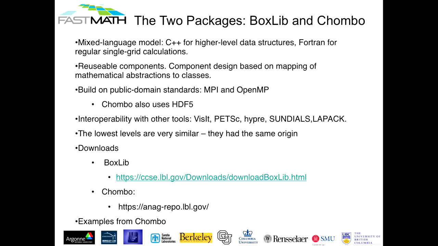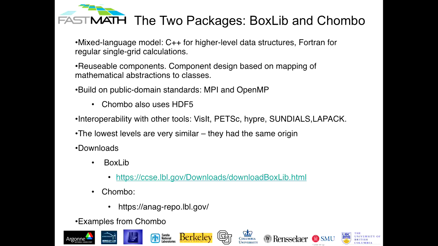In Chombo, we use HDF5 for our parallel I/O, so you'll need an HDF5 installed on your machine if you want to download and run Chombo. BoxLib has their own native POSIX parallel I/O that they've hand-rolled. So in a sense, BoxLib is a little easier to set up and build. BoxLib does much more Fortran.